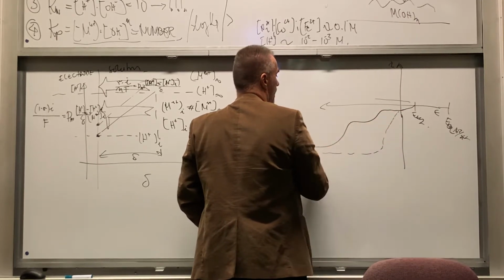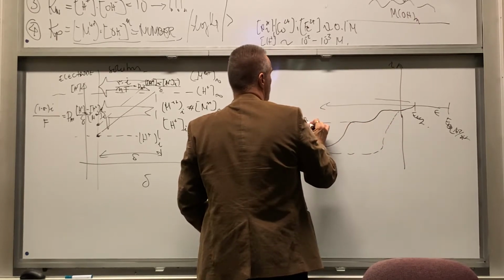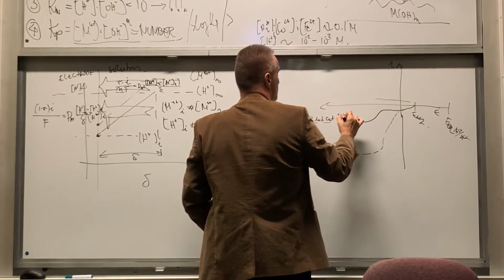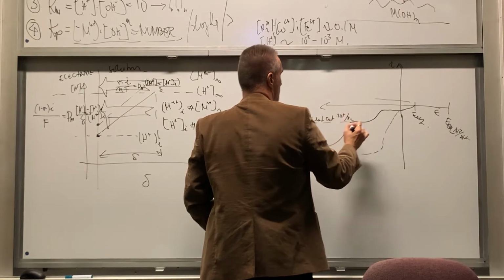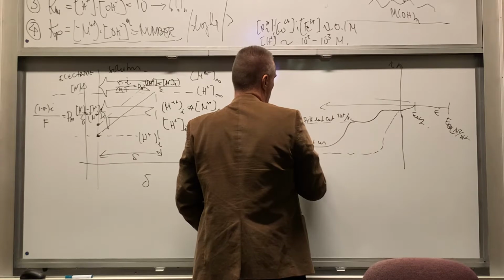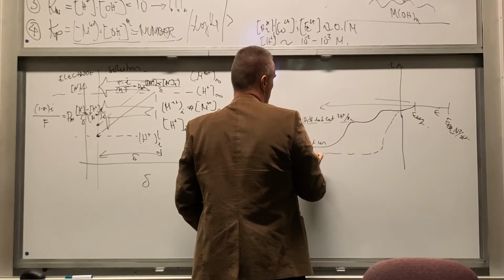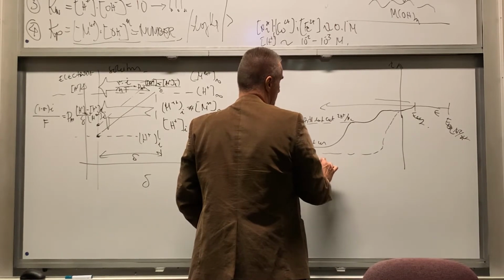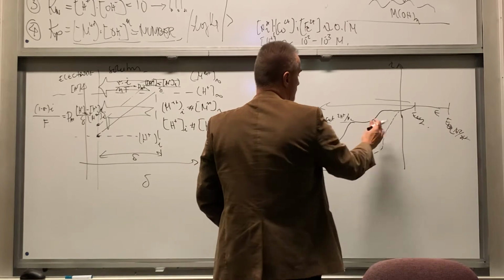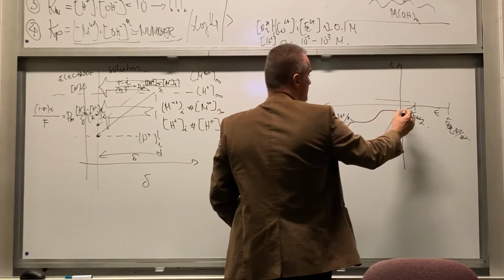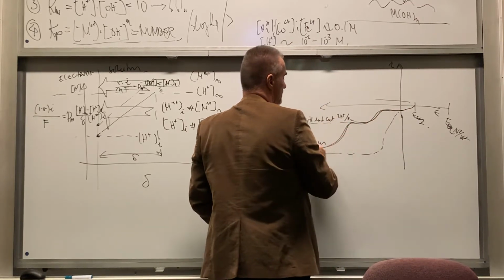Now this is the diffusion limited current for 2H+ going to H2, and this is the diffusion limited current for M^n+ plus ne- going to M. It's a sum of this diffusion limited current and that for metal. So basically you can see this stepwise type of process, right?